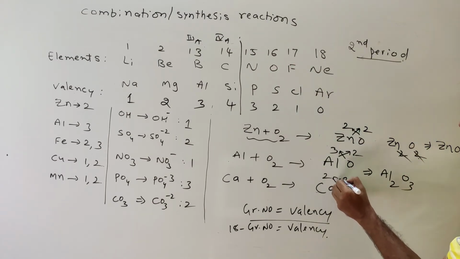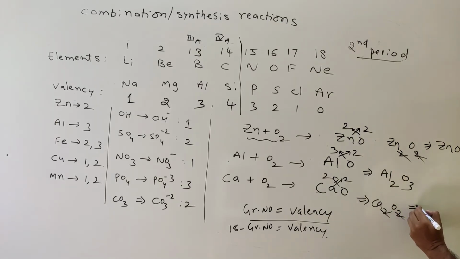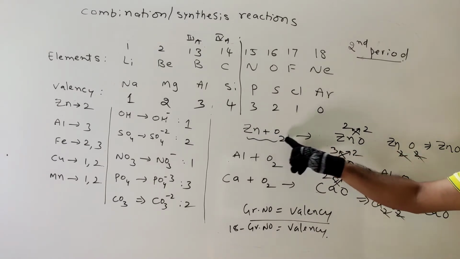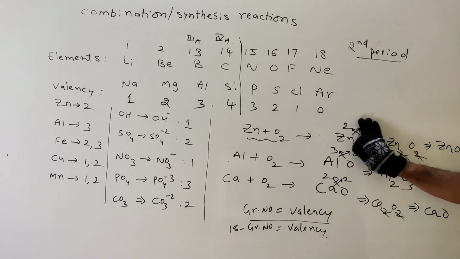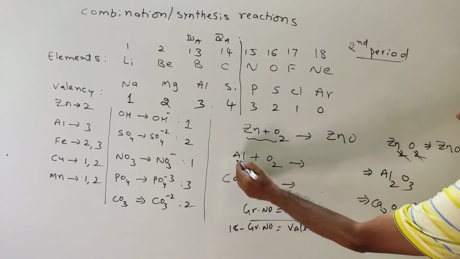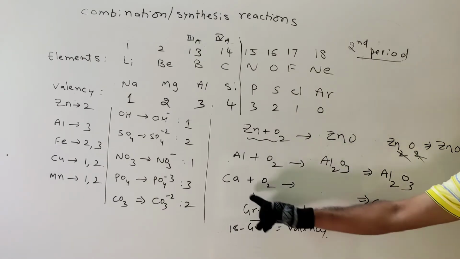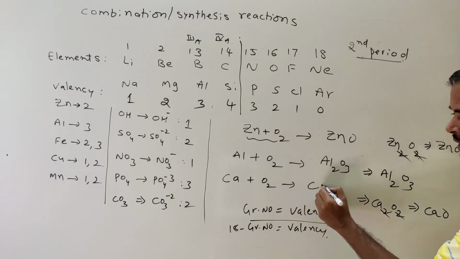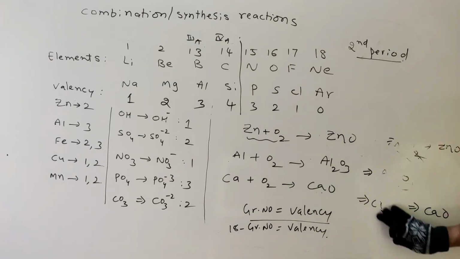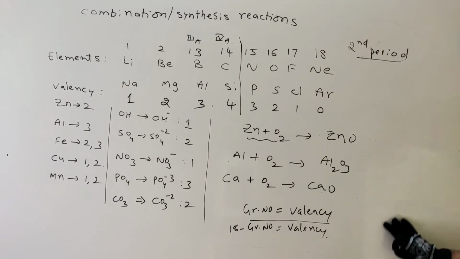By the crisscross rule that gives Ca2O2. Both are the same, so we write calcium oxide as CaO. So zinc plus O2, what is our answer? Zinc oxide, ZnO. Aluminium plus O2? Al2O3. Calcium plus O2? Calcium oxide. Once you get this, what is the next step? Balancing the equation.